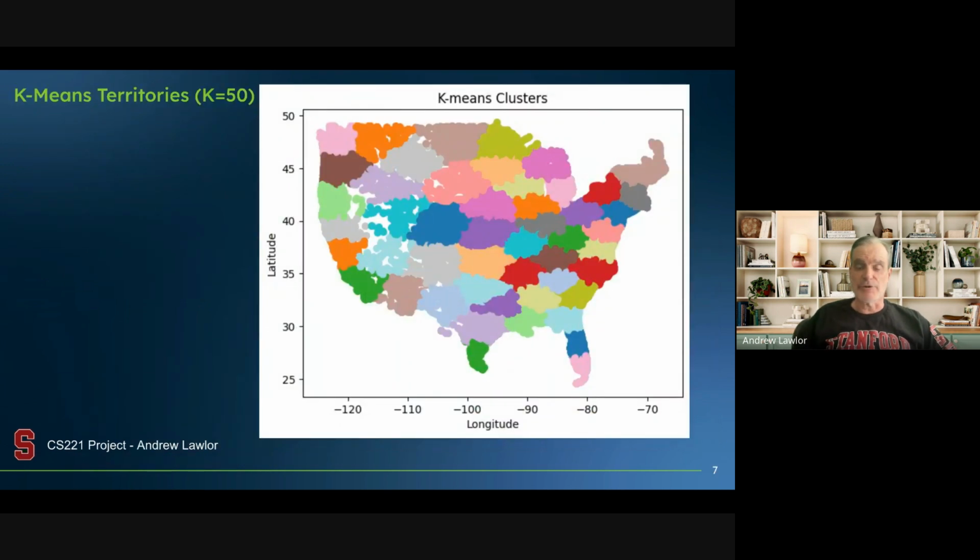Here's a graphical representation of the k-means clusters. You see they are roughly of equal size, and the nature of k-means is that the territories, the clusters, are going to be spherical in nature, and that's reflected here.